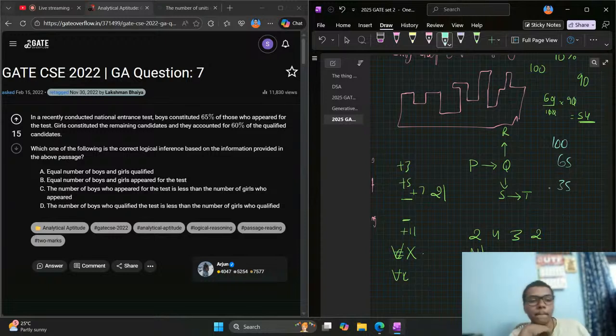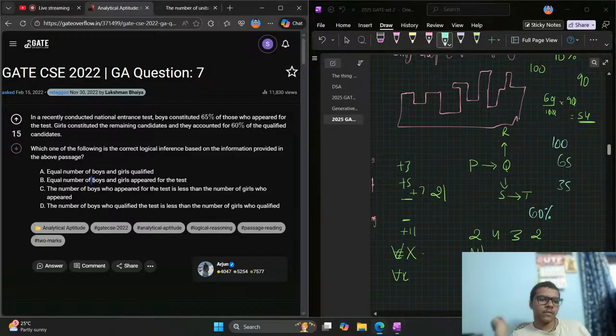Girls constituted... and they accounted for 60% of the qualified candidates. How many qualified? Equal number, this is wrong.